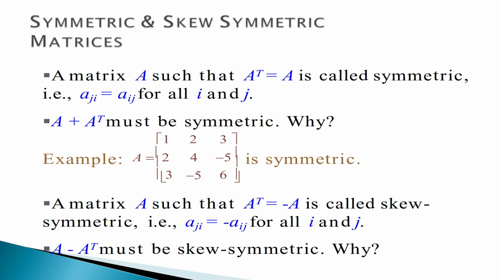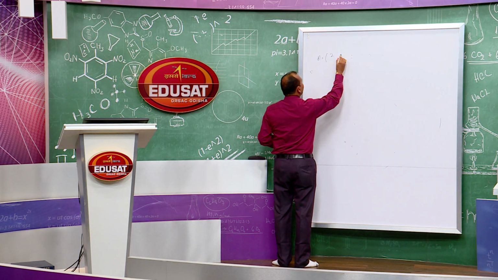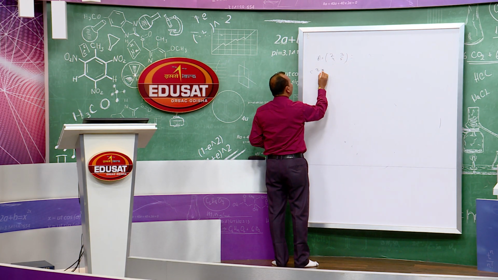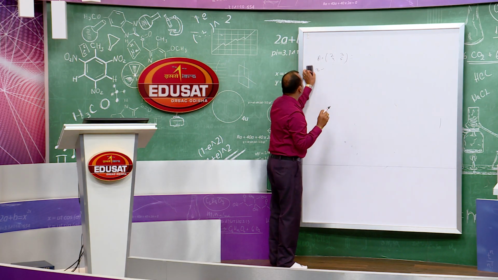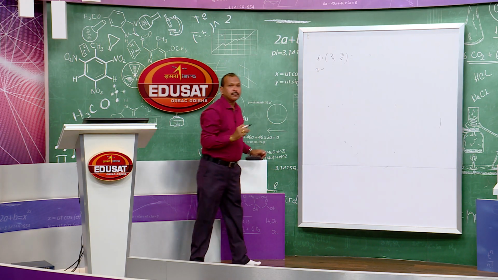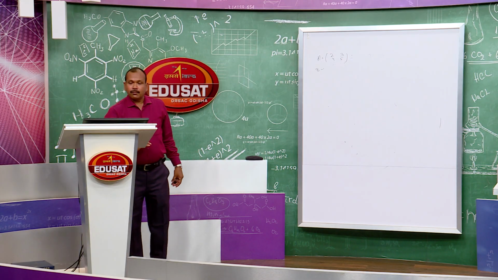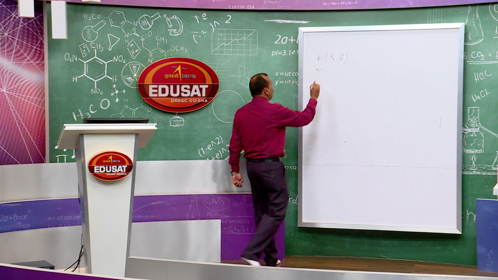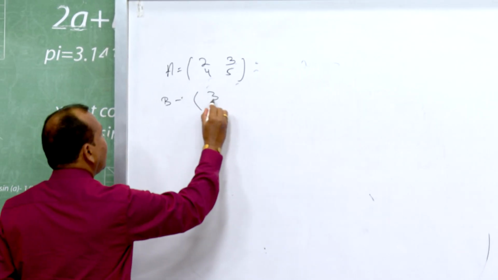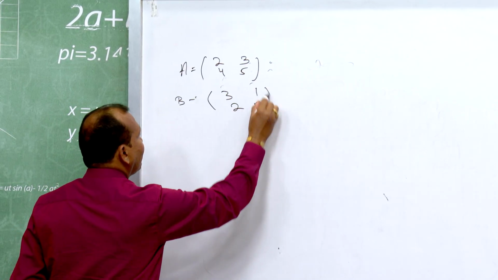So, A is the matrix 2, 3, 4, 5 and B is the matrix 3, 1, 2, 5.